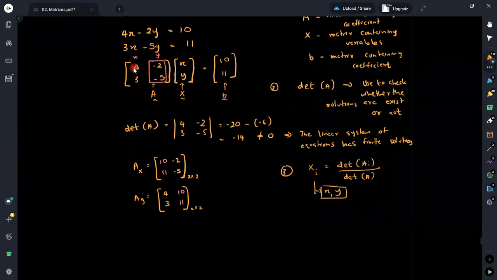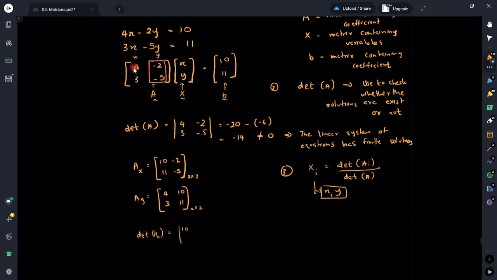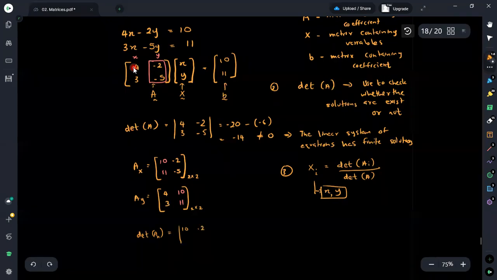Now we have identified the matrix AX and matrix AY. Therefore, we can obtain the determinant of AX and determinant of AY. Here I will write down the determinant of AX. It is the determinant obtained by taking the difference of the products of the diagonal elements. Then 10, minus 2, 11 and minus 5 is here.